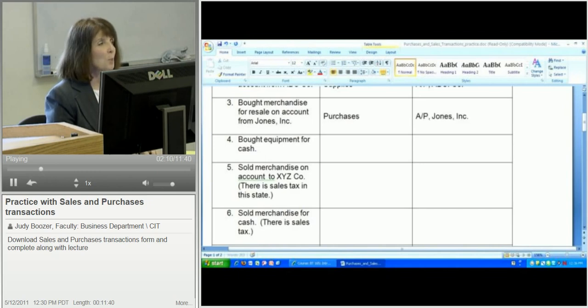You must put both. Whenever you have accounts payable now, you're going to have to put who you owe. Now, number 4, bought equipment for cash. This is a review one. Good. Bought equipment gets debited, and the credit goes to cash to pay for it.